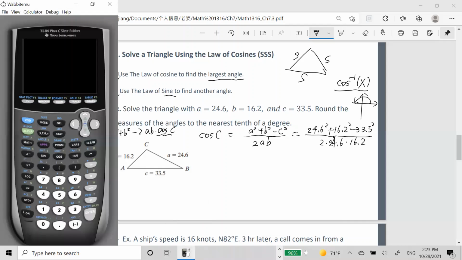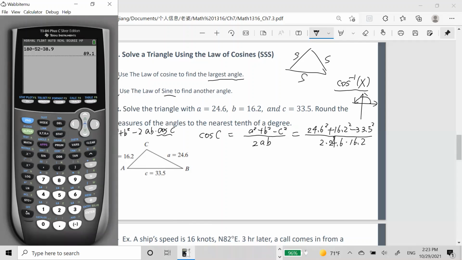We need to use the calculator a lot here. 24.6 squared plus 16.2 squared minus 33.5 squared.